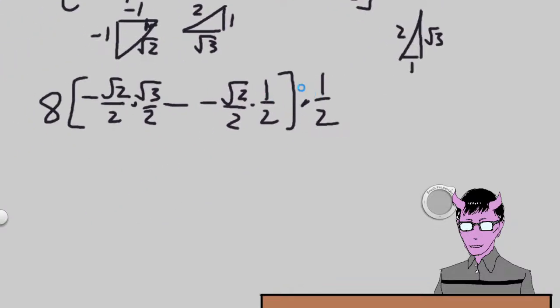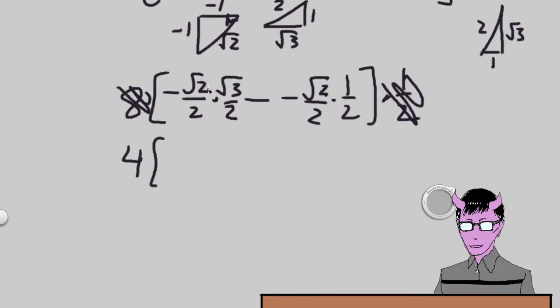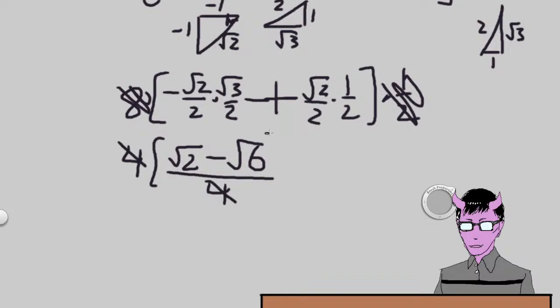So the 1/2 times the 8 is 4. So this is a minus minus, so that's going to be a plus. So it's going to be root 2 minus root 6 all over 4. 4 cancels with 4.